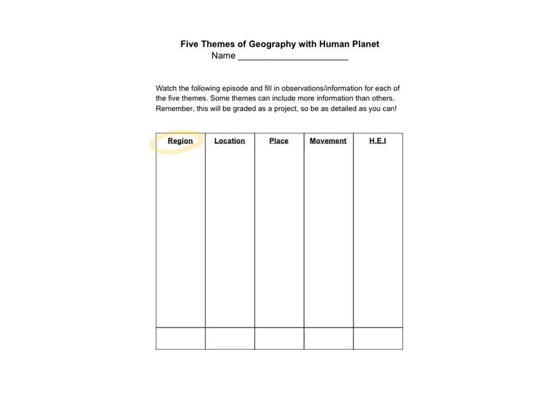Human Planet is divided by regions. So for the region, you can put a couple of things. You can put Indonesia, you can put volcanoes, or you can put mountains. In Human Planet, this episode is going to be within the mountain region, okay?